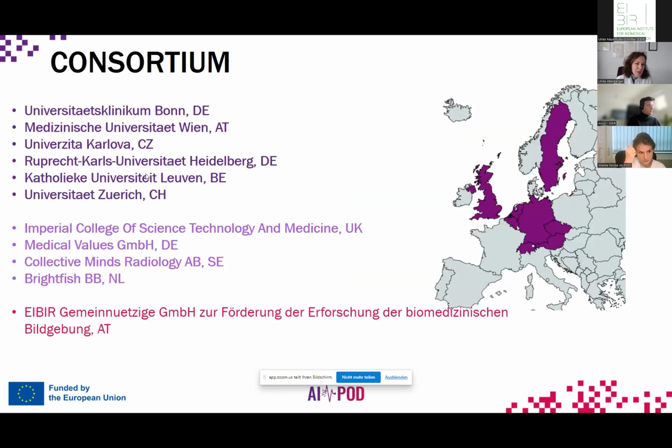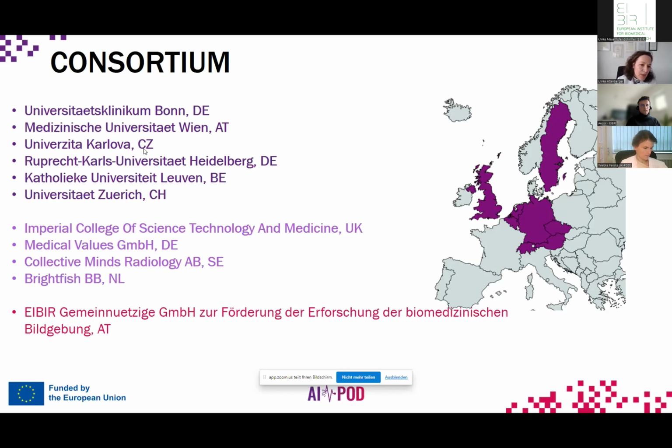So the consortium consists of partners from North, Middle, and Eastern Europe. We are 7 university partners. It's the University Hospital Bonn, Germany, as the coordinating site. It's the Medical University Vienna, Austria, from the radiology side as well as the technical side.